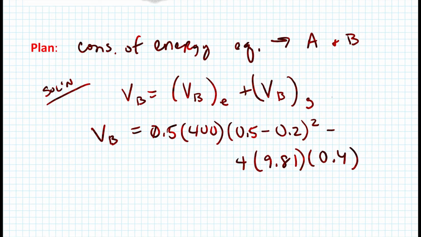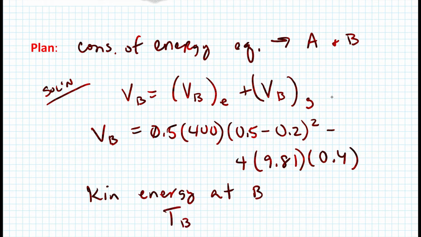All right, so the kinetic energy at B, T sub B, is equal to 0.5 times 4 times V sub B squared.